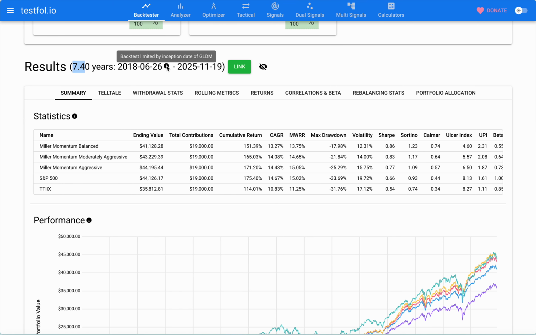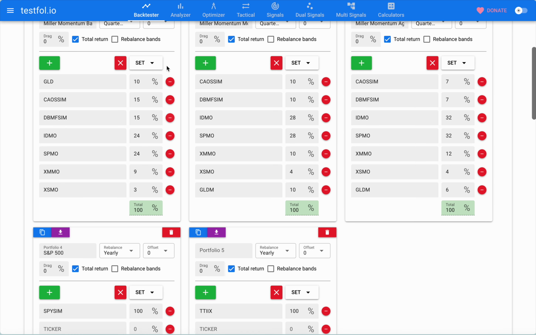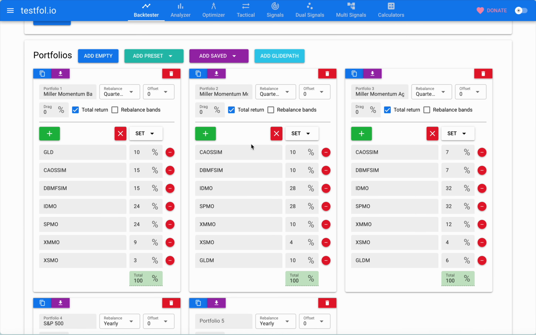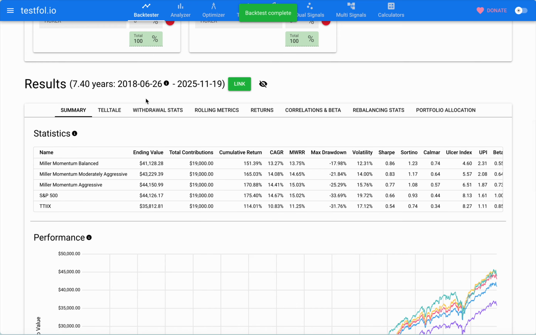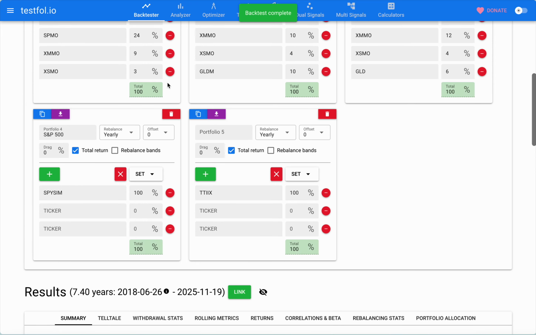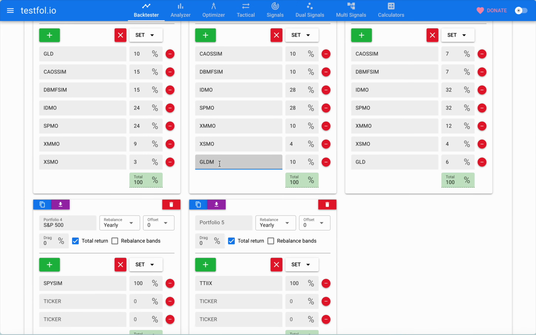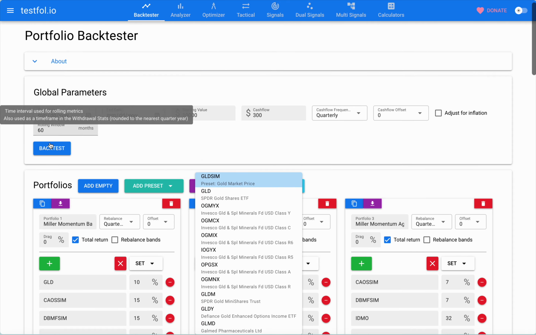Now we can go back a little bit farther because I think we've got a more modern ETF in that last one. So let's try this again and go back a little bit further. There we go.